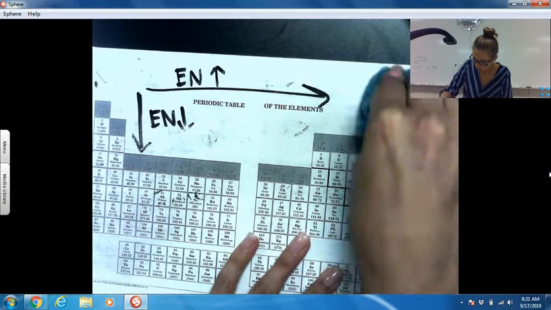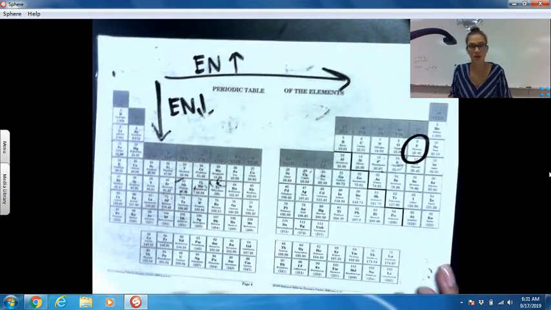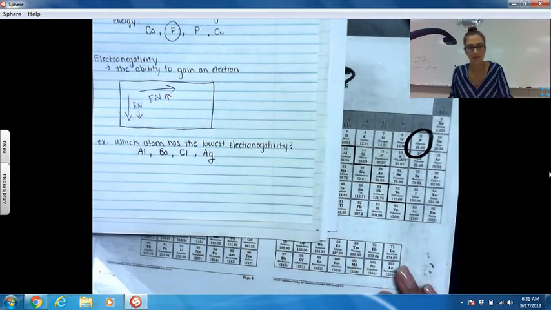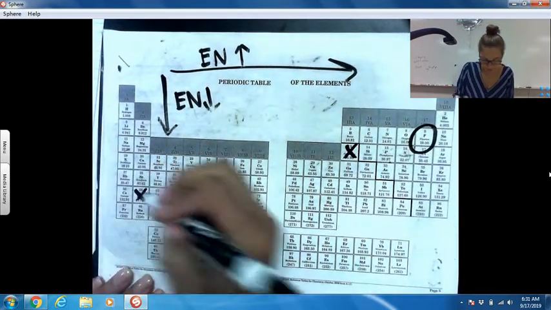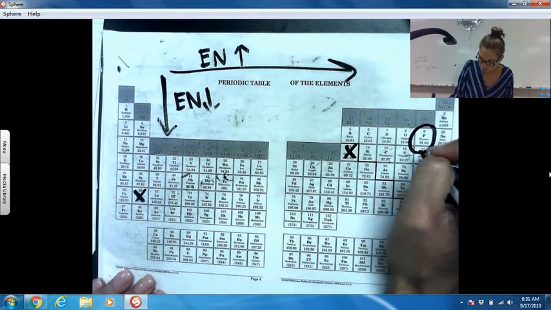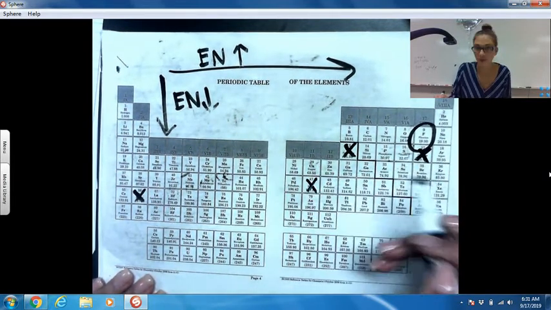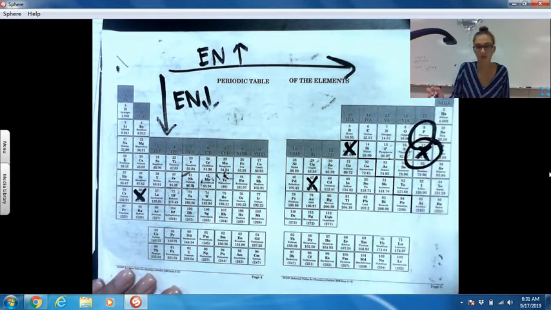Okay, so remember, fluorine is going to be our one with the highest, and the question asks about aluminum, barium, chlorine, and silver. So here's aluminum, here is barium, here is chlorine, and here is silver. Okay, so the one that's closest to fluorine is going to be chlorine, so chlorine is going to be our answer.